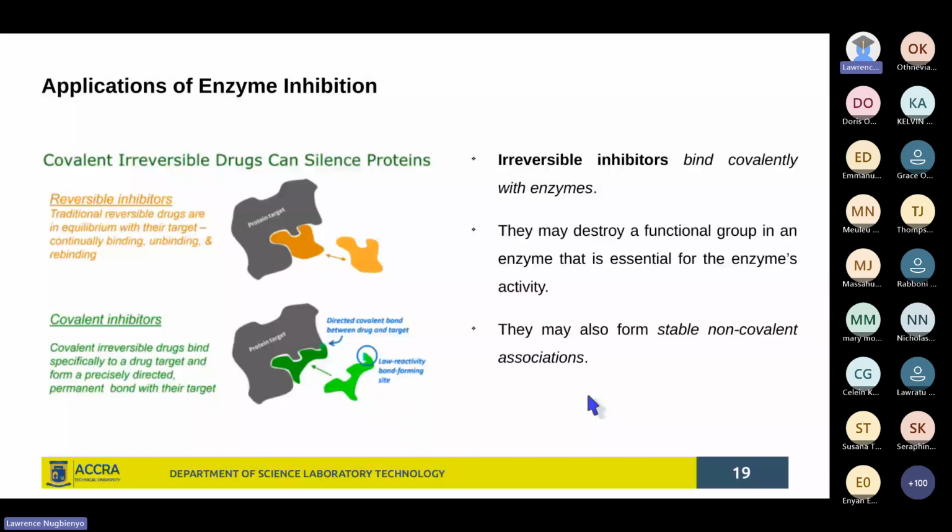An example of reversible inhibition we saw earlier was that of succinylcholine, right from the beginning. Succinylcholine was binding to the receptors of the muscle cells, so in a way it was inhibiting the acetylcholine esterase.